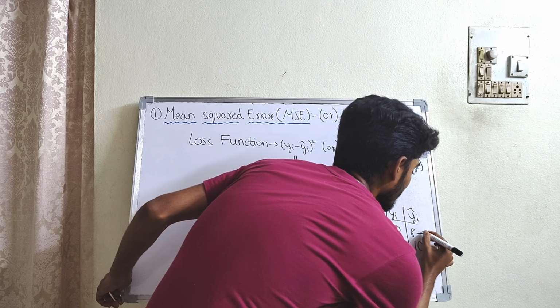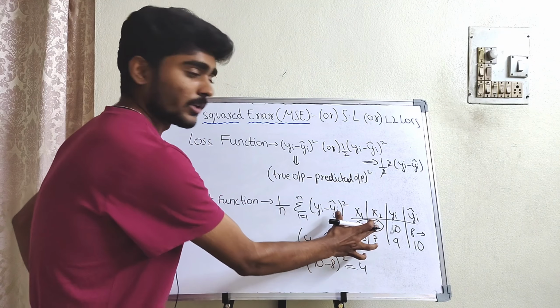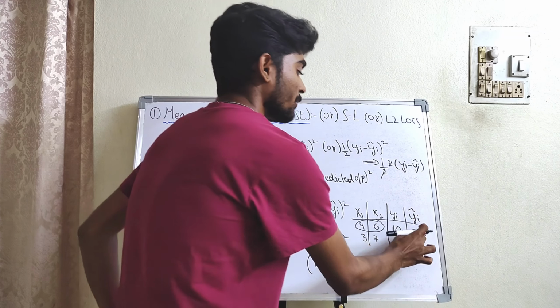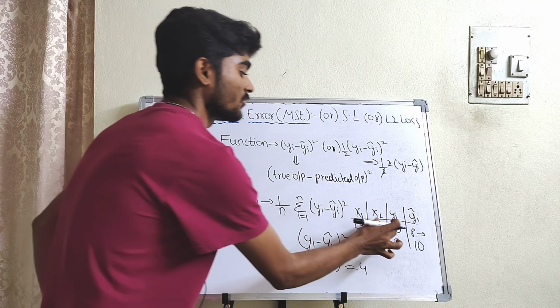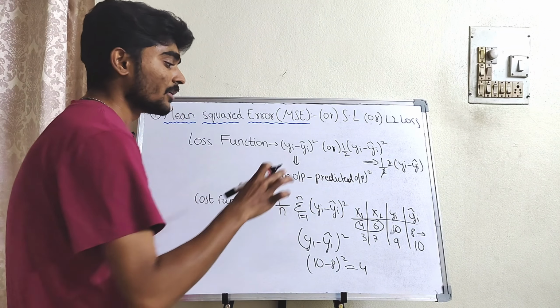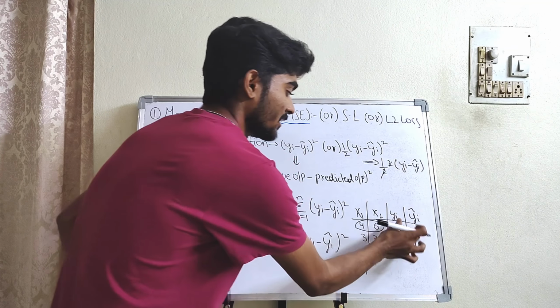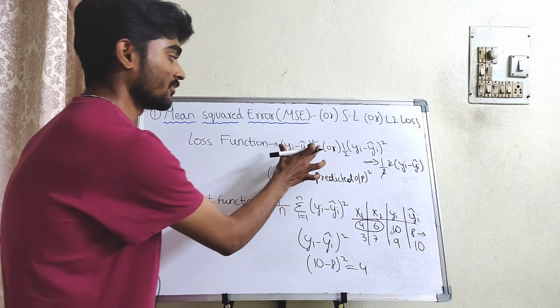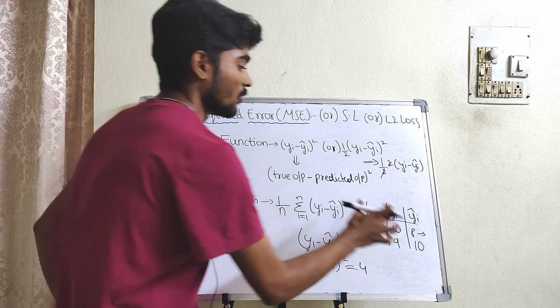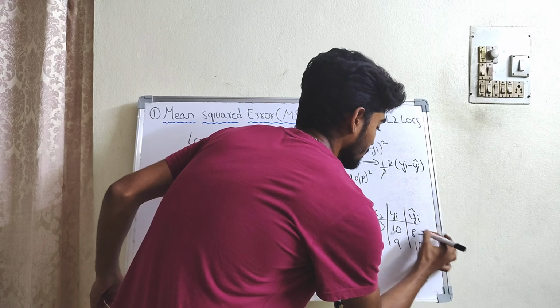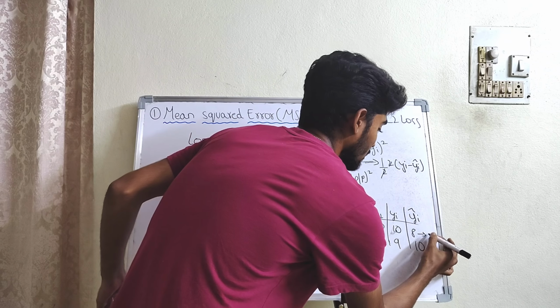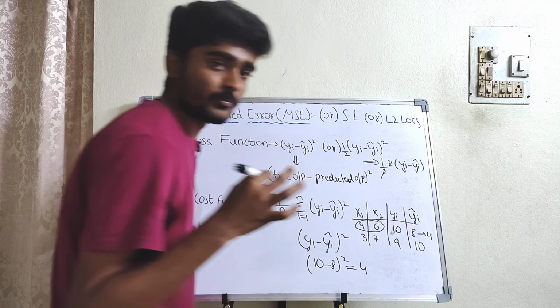When you pass this data, you get the predicted output as 8, and this 10 is your true output. When you send it to the loss function to calculate the loss, it is 10 minus 8, true output minus predicted output, whole square, which becomes 4.